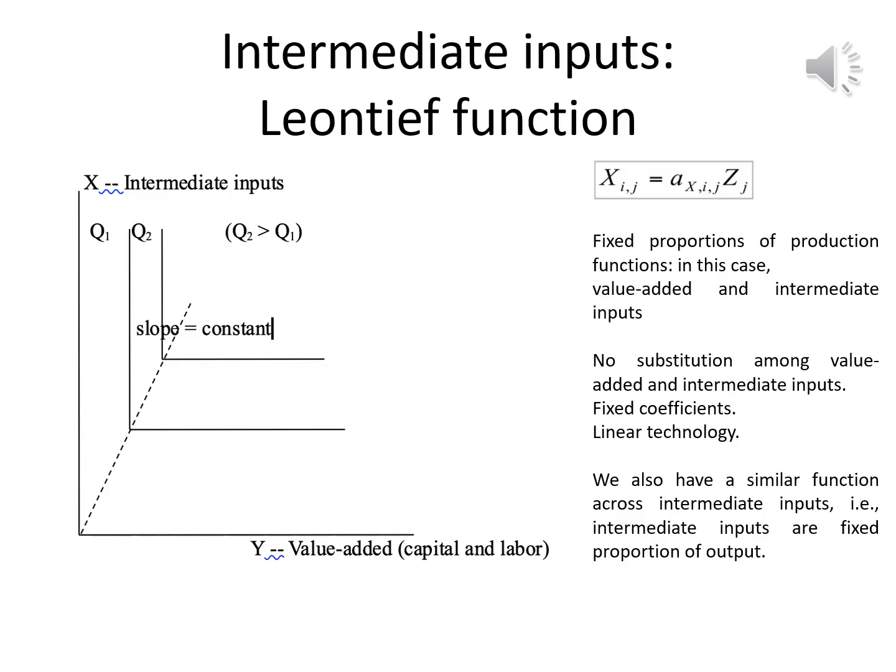At the second stage of nested production, we have a Leontief production function between intermediate inputs and value added. Here you see the intermediate inputs on the vertical axis and the value added on the horizontal axis.